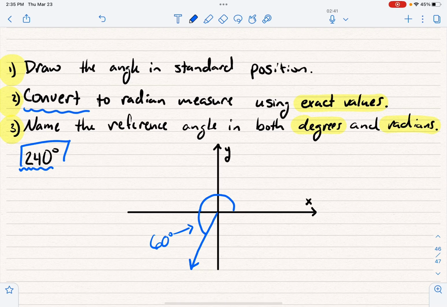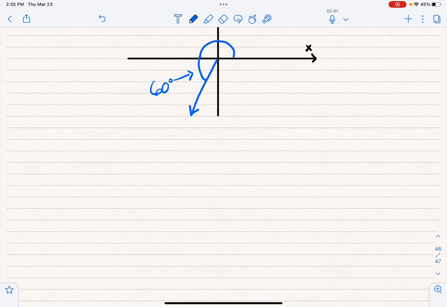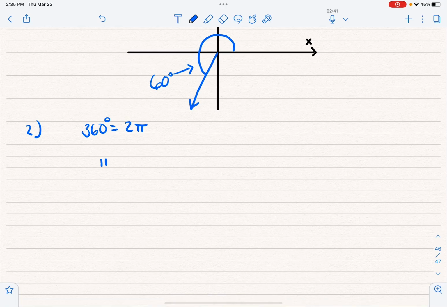Now, to convert the angle to radian measure, we said that 360 was always equal to 2 pi. So that's the relationship. 360 degrees is equal to 2 pi. That is the same thing. So if I'm trying to go from degrees to radians, I always multiply by pi over 180.